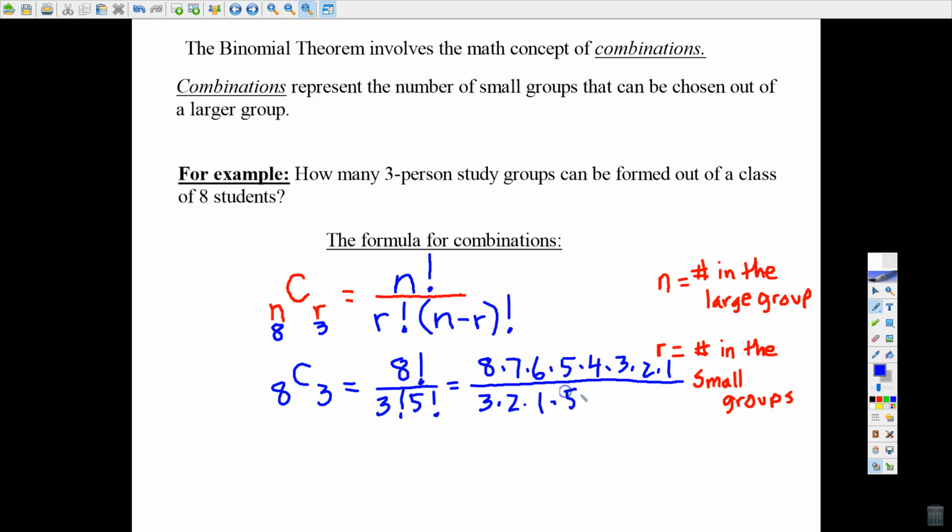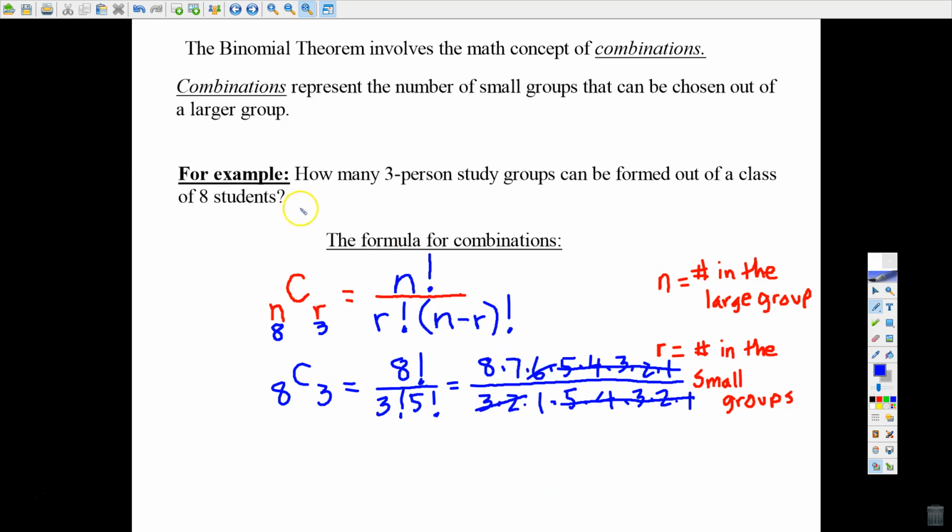So we're just going to keep on, 5 times 4 times 3 times 2 times 1. Looks kind of messy, but fortunately, factors will cancel. All of these are factors, 5 times 4 times 3 times 2 times 1. We can cancel those. 6 is the same thing as 3 times 2. We can cancel these. So what's left?